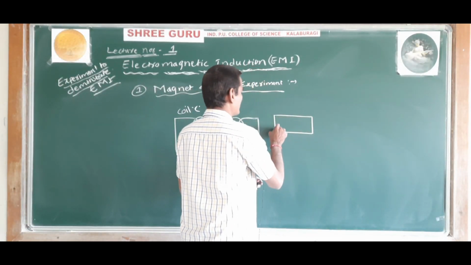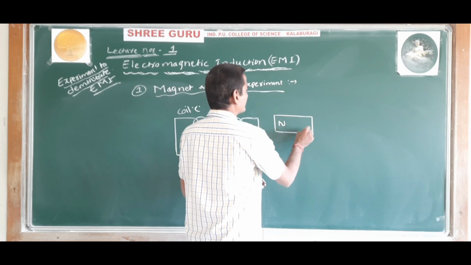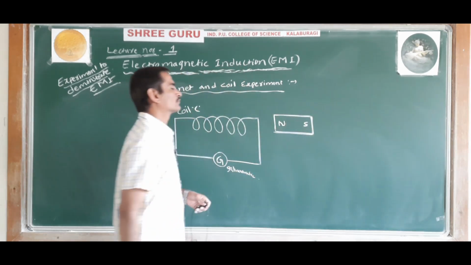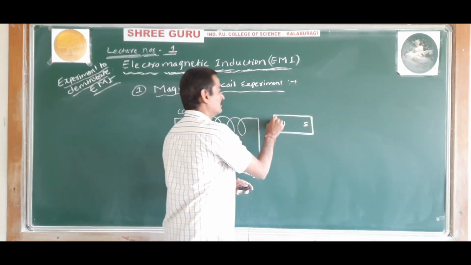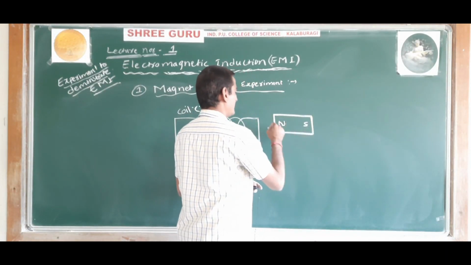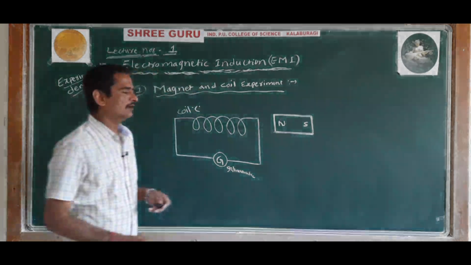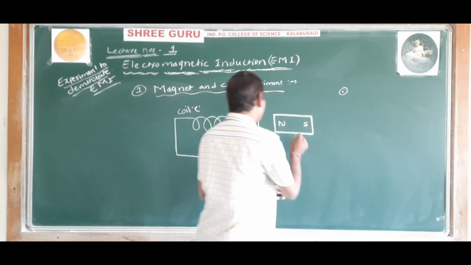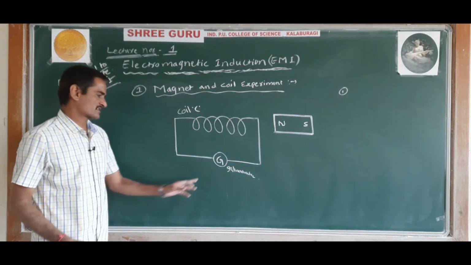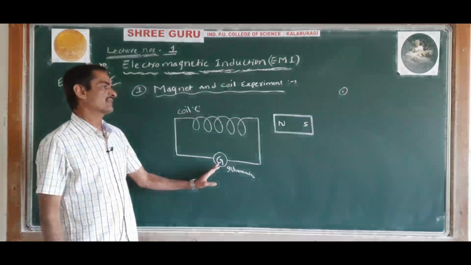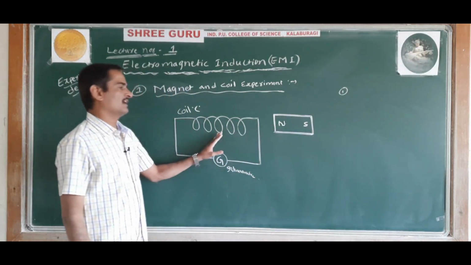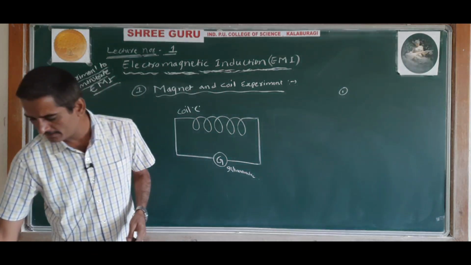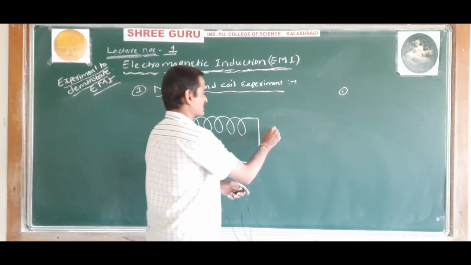a strong bar magnet is held near the coil. First, when the bar magnet and coil are both stationary, the galvanometer shows no deflection.